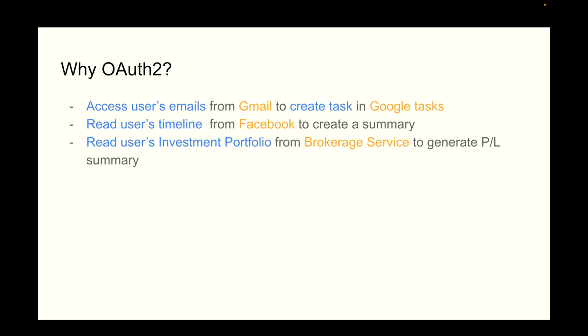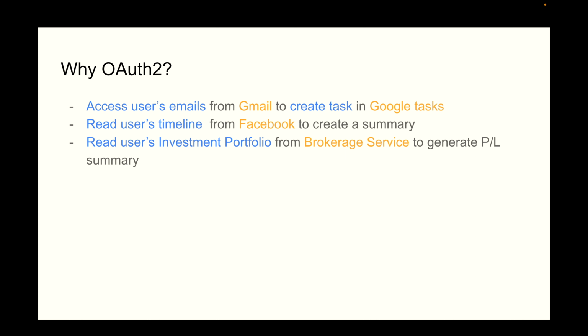So what can we do? First solution is we can get the email address and password of the Google account of the user and store it in database, and then we can use those email address and password to access Gmail and Google Task. But obviously user will not provide us the email address and password, and we should not store that.